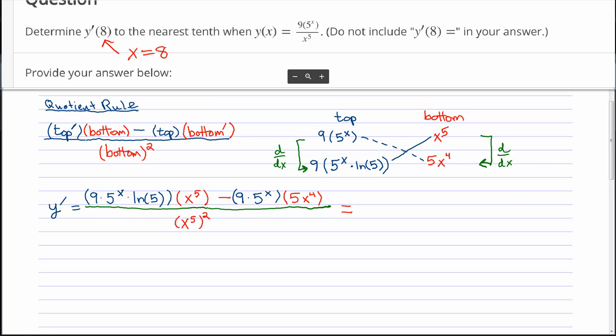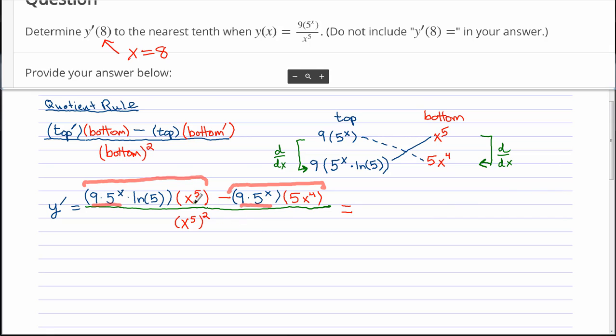But let's look at what we got here. We have a 9 times 5 to the x in this. So I look at this and I see two pieces. I see this piece and I see this piece. And in the first piece, there's a 9 times 5 to the x, and in the second piece, there's a 9 times 5 to the x. So I think I could factor that out.